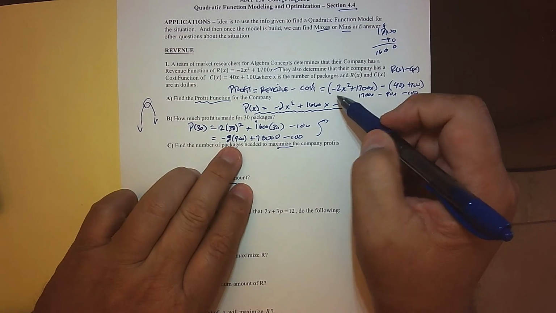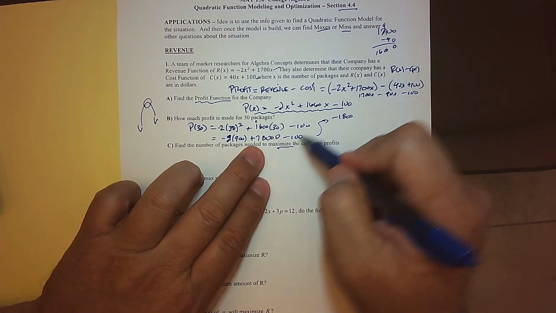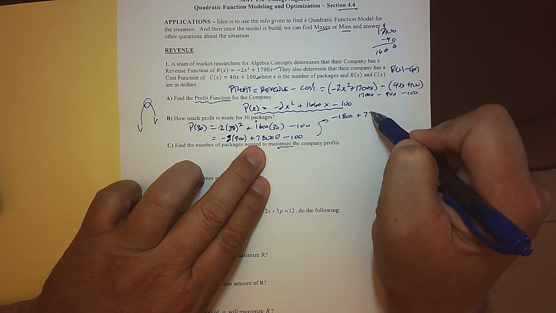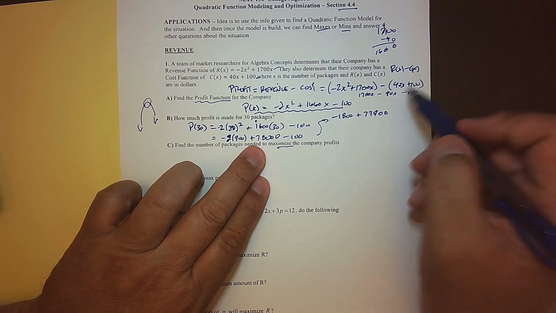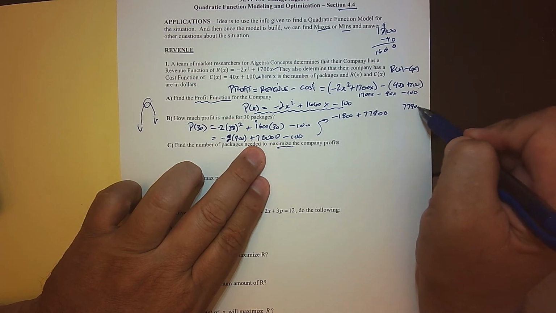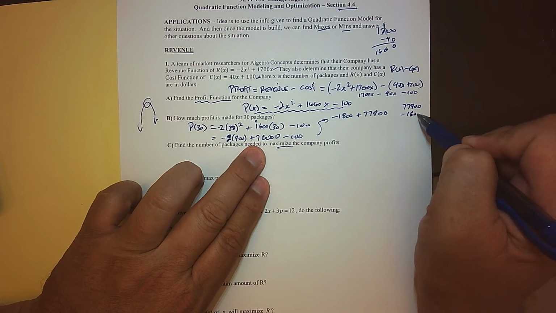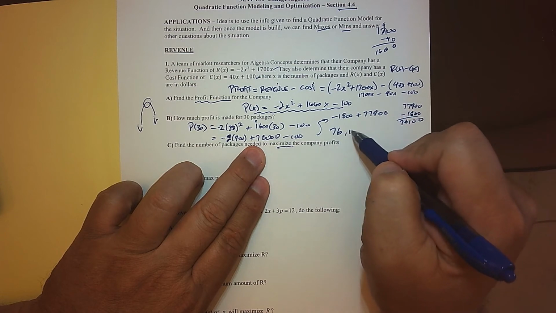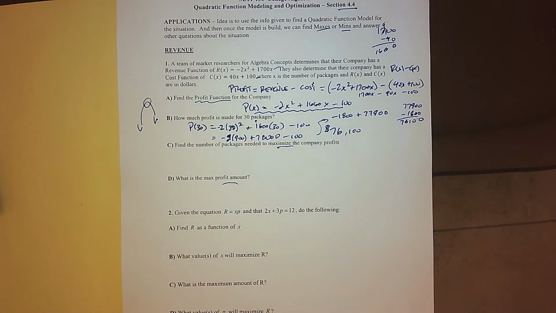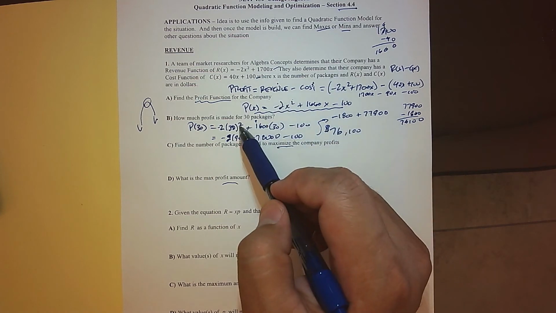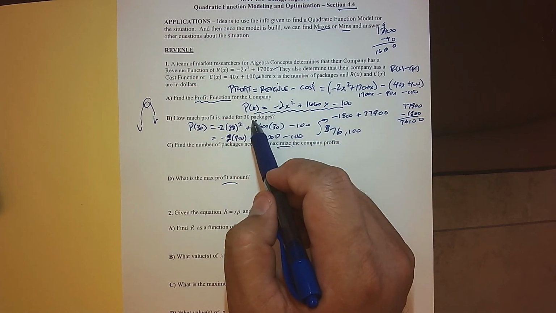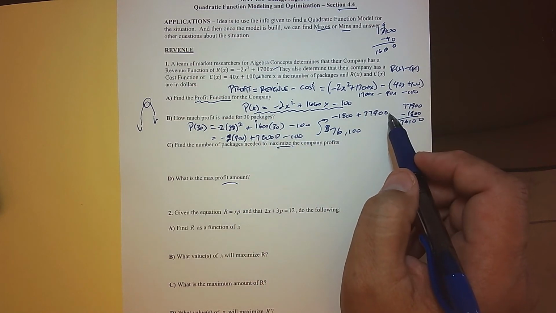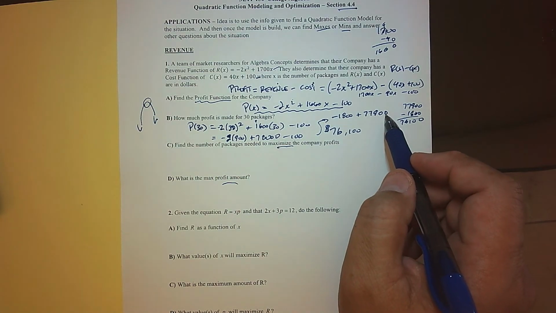So carrying on here, we get negative 1,800. If we subtract 100 from this, this is a positive 7,900. And then if we subtract that, of course, if you guys want to use your calculators, you obviously can, so it looks like we get $76,100. Okay, so basically this says under this model, if we make and sell 30 packages, my profit will be $76,000. All right, and so that is basically how we use our model.